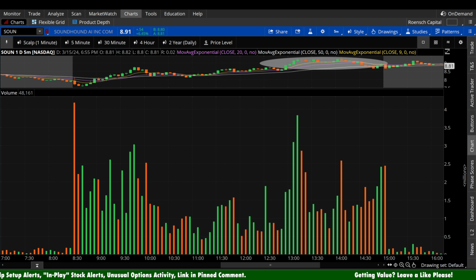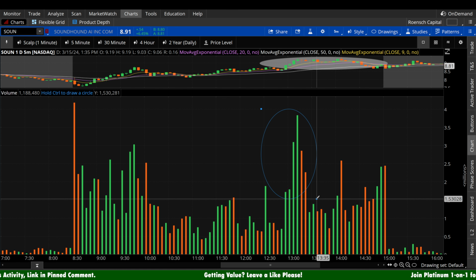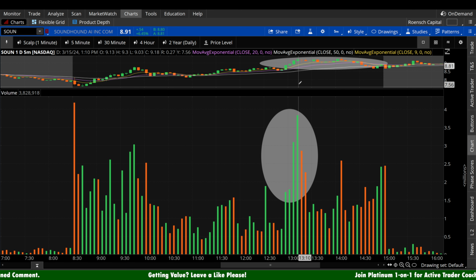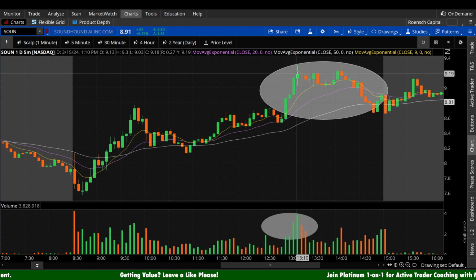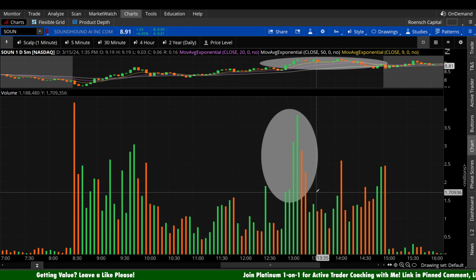Just nothing definitive enough for me to make a call out on. Now, in this later part of the day, we did see an interesting 4 consecutive, or really 5 consecutive green bars, but 4 that were elevated into this upside move. And then once that move topped out and we got a little bit of sideways movement on those red bars, consolidation, that volume started to taper off.